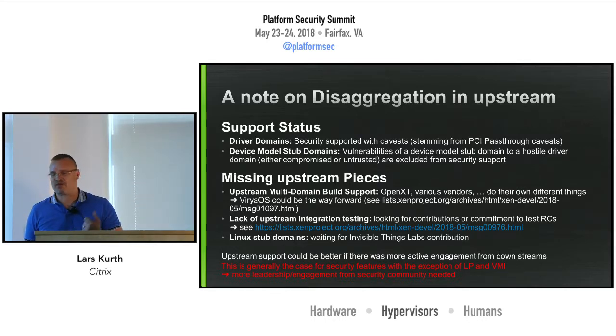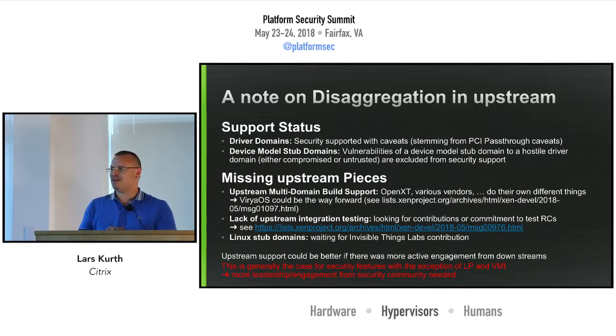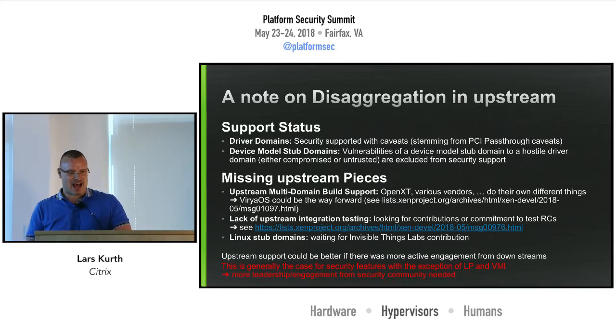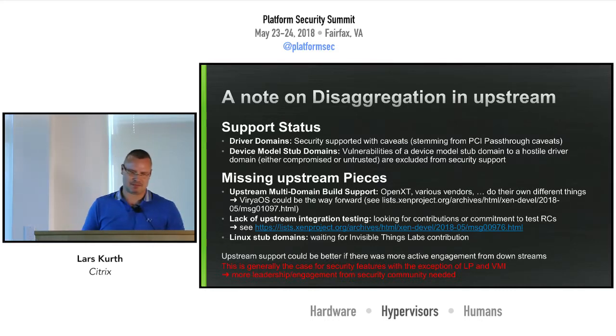There are some missing upstream pieces, right? For example, it's not easy to build disaggregated systems. In upstream, we have no way today of really doing this in a nice and neat way, and that also means we can't build it, so we can't test it, right?